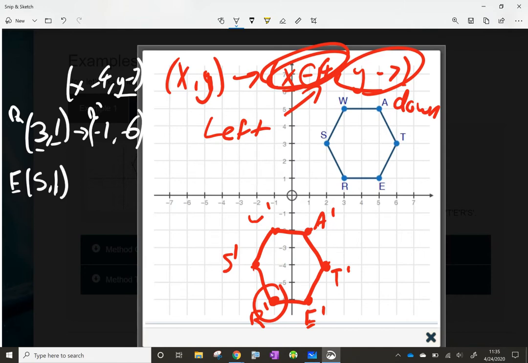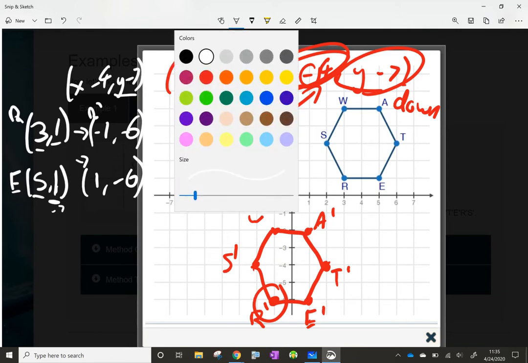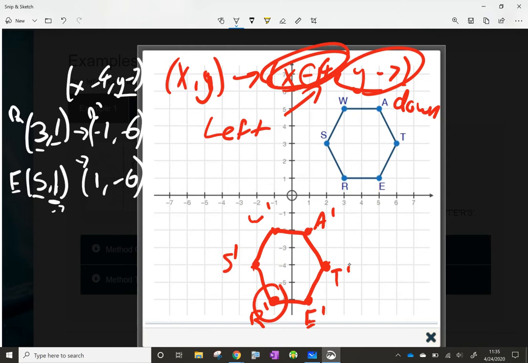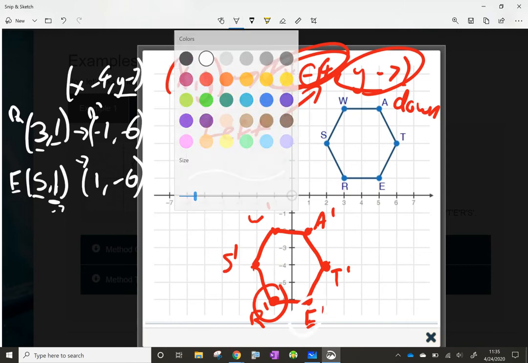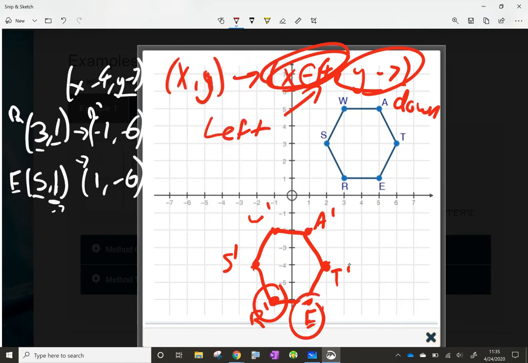But if you follow the rule of subtracting 4 from the x, which 5 minus 4 would end up being 1, and subtracting 7 from the y, 1 minus 7 would be negative 6, you end up here, which again, if you look at the graph, 1, negative 6 is exactly where E prime ended up being. So that goes for obviously all the points. I'm not going to write them all down just to save time, but that's how it works.